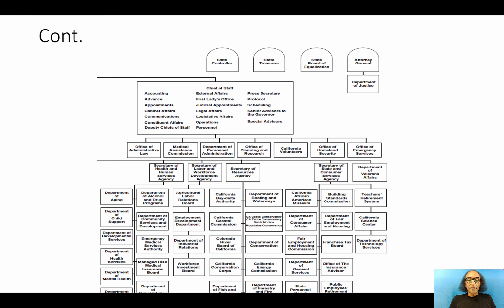And then under the Chief of Staff, as you can see, there are a variety of administrative offices, along with the other agencies that are directly accountable to the governor, including Secretary of Health and so on. So as you can see, it's a pretty complex organization with many areas of responsibilities and structures of accountability.